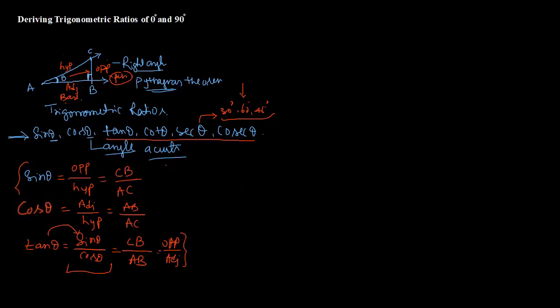Now we'll keep this aside and try to find the value for 0. If I take the same diagram, this is theta and that is B, and there is a perpendicular drawn from another ray for that angle.